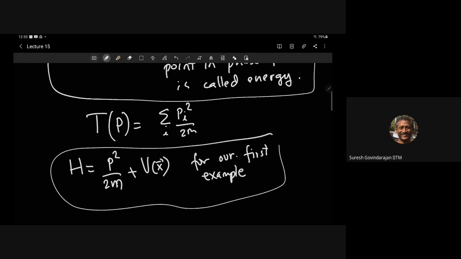That was the first and only example we looked at today. Here you will agree this is what we call energy. There is a reason for defining these things in this fashion, and it's very clean in the Hamiltonian formulation. It's not that I can't do it in the Lagrangian formulation. We can, and we will do it at some point.